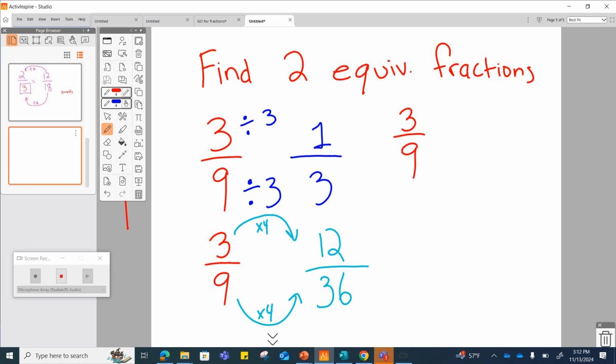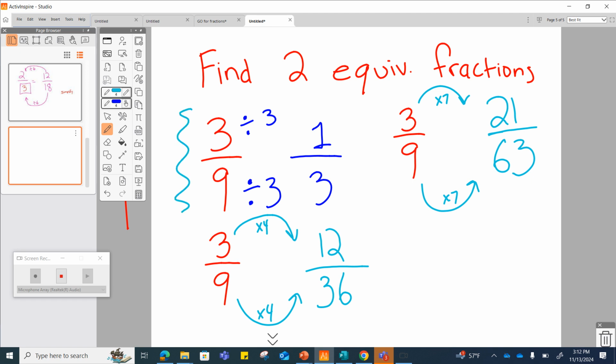Now let's do times 7. 3 times 7 is 21. 9 times 7 is 63. So those are examples of how to find equivalent fractions, either with simplifying or making larger numbers by multiplying. I hope this has helped.